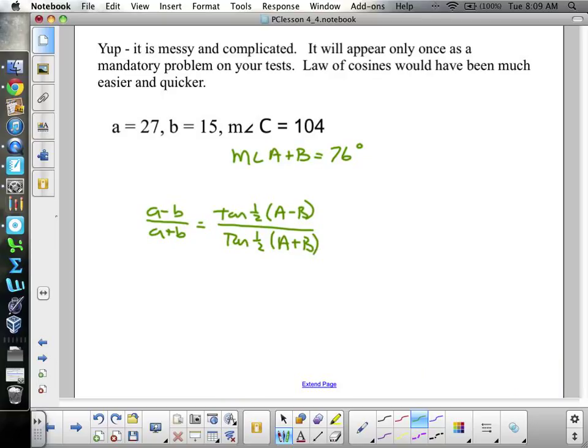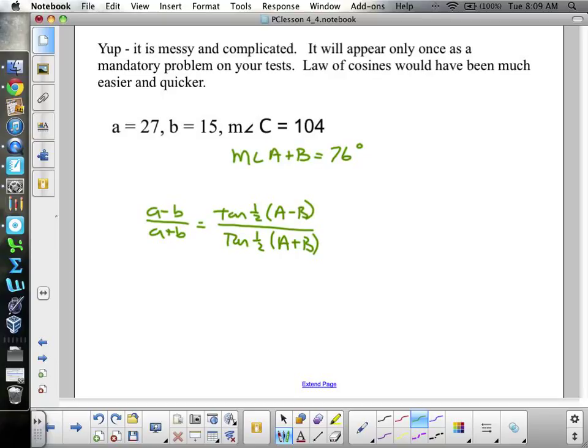Now, you're probably wondering, why am I setting it up with the minuses on top and the pluses on bottom? Why not the other way around? Because my unknown is going to be angle A minus angle B. I know this, I know this, I know this. I want my unknown in the numerator because it just makes my life easier. It saves me a little work later on.